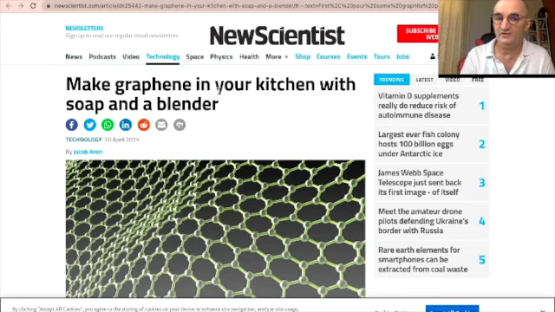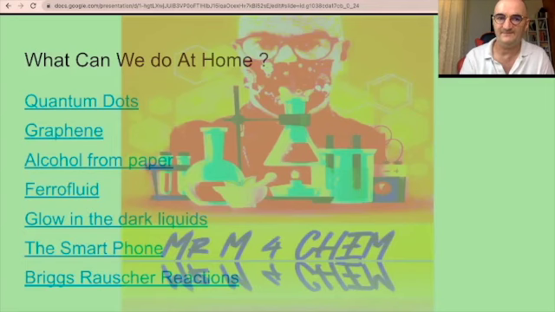But how do you make it? You can make it in your kitchen with soap and a blender. I see no real risk associated with this, and I can see a student making some, looking at conductivity, doing some calculations, and showing how they actually prove that they synthesized some graphene at home. I think that sounds great.